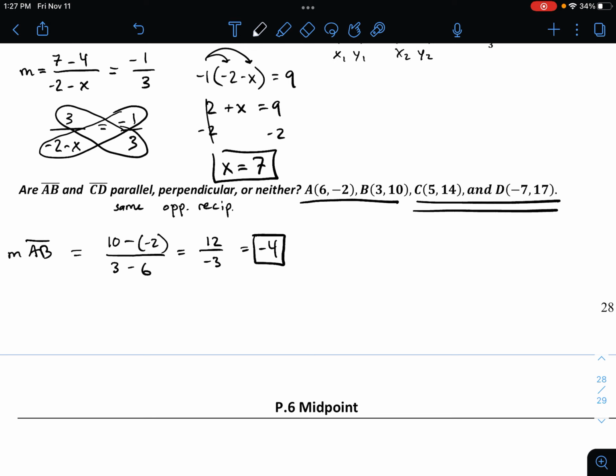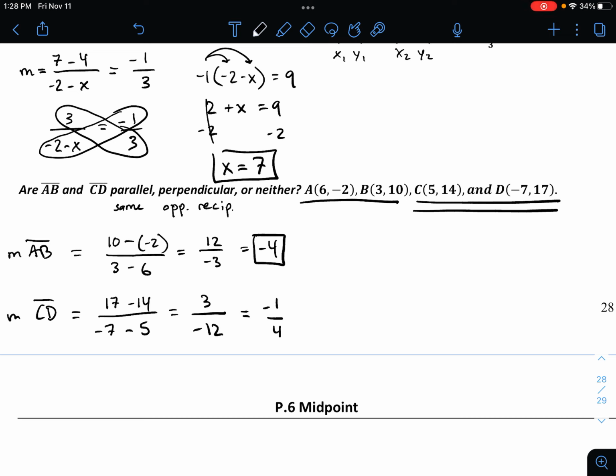And now I want to try out CD. So the slope of CD is going to be, again, y2 minus y1, so 17 minus 14, over x2, which is negative 7, minus x1, which is 5. So if we look at this, 17 minus 14 is positive 3. Negative 7 minus 5 is negative 12.